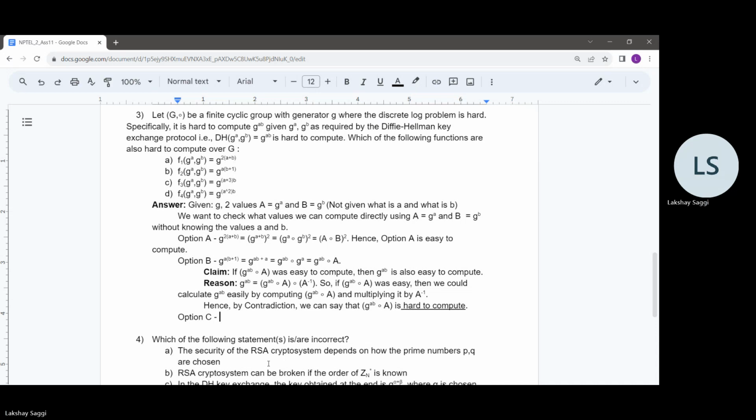Nice. So again, in option C, we have something like g raised to the power a plus 3 times b. This is somewhat similar to option B. So this can again be expanded as g raised to the power ab plus 3b.